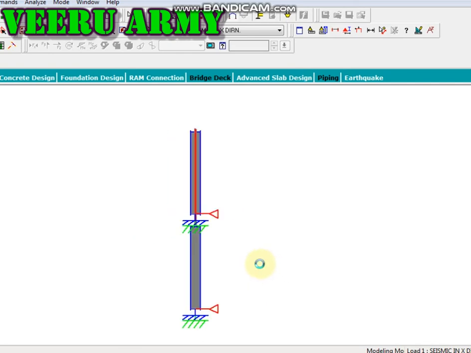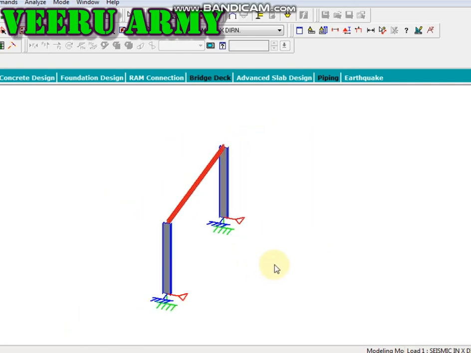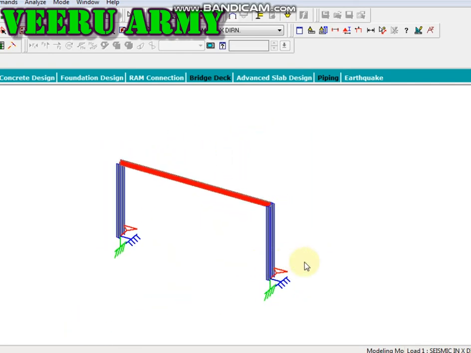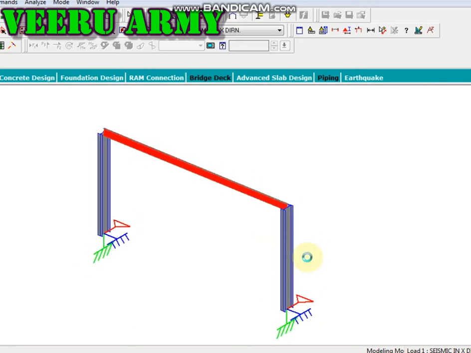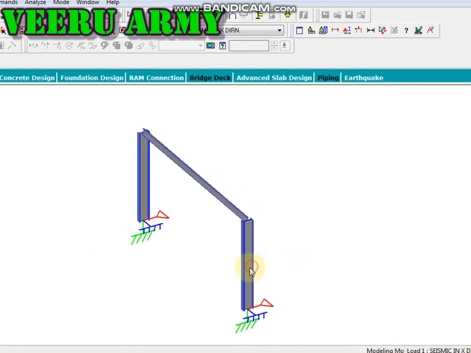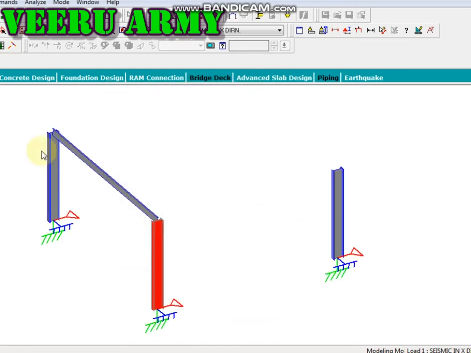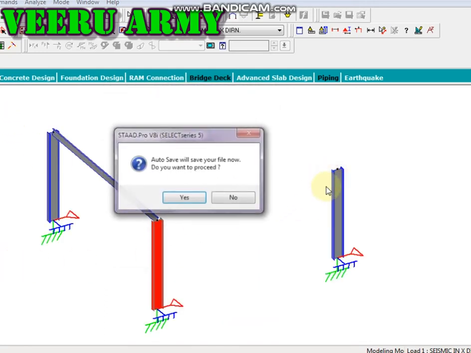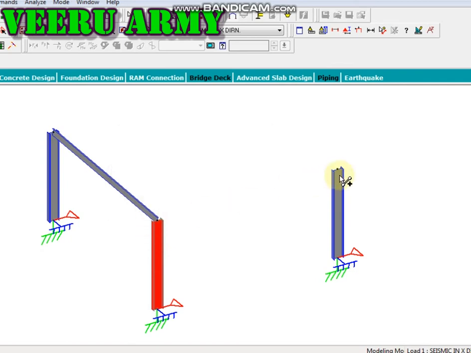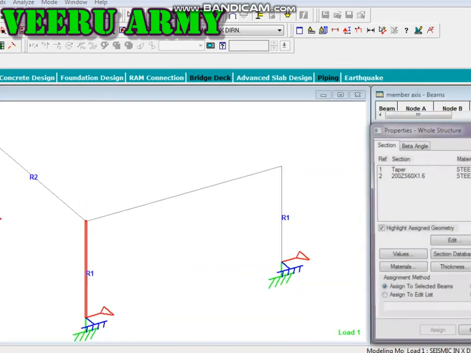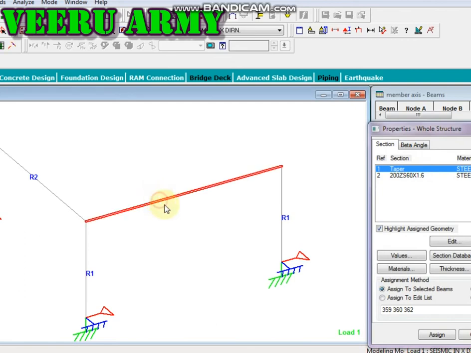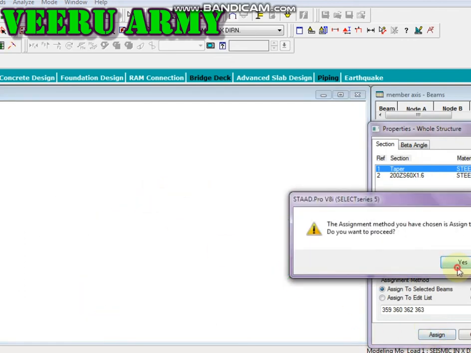So the question is, which member is provided to restrain the movement about the z-axis of the member? So the answer here is this. We can copy another column and make a beam between this column and give some property, whatever you want it to be.